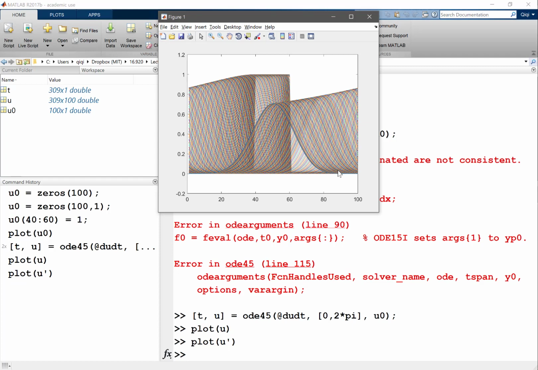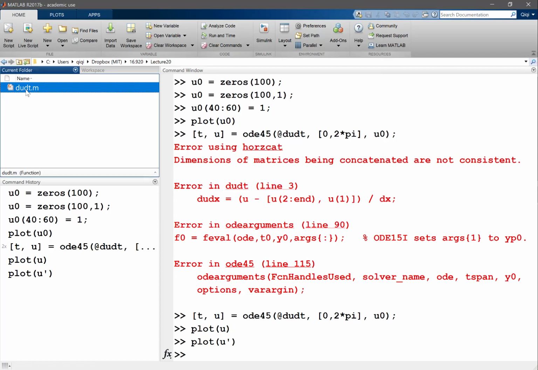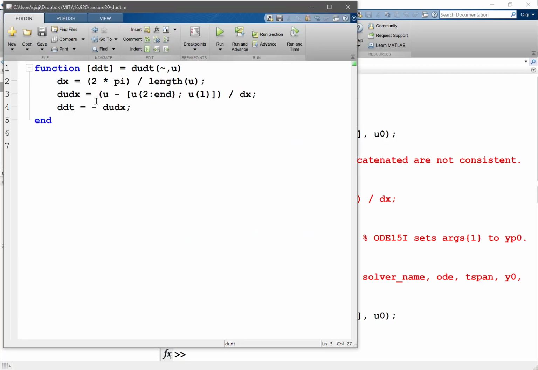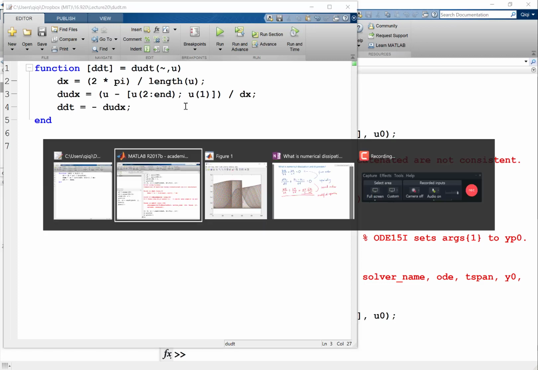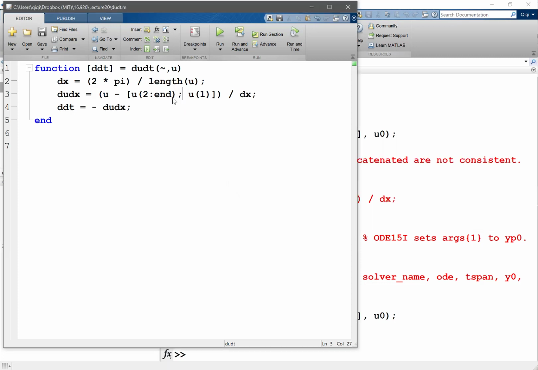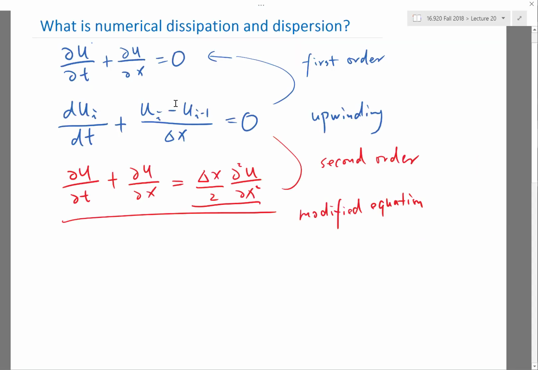It seems that the solution, is it advecting towards the left or towards the right? Let me see. Maybe I had a coding error here. I have U minus U_{i-1}, ddt is equal to that. U_i minus U_{i+1}, is that the way you put it? Yeah, it should be U and minus. Are you referring to here? Yeah, this term is negative.